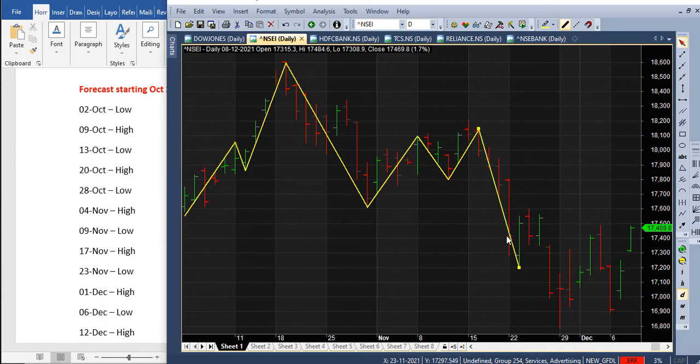Take that. Again it is taking support, and this bar is cutting, but look at the length of this bar. Okay. Then 1st of December is high.